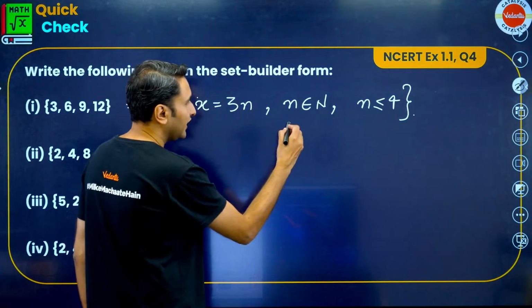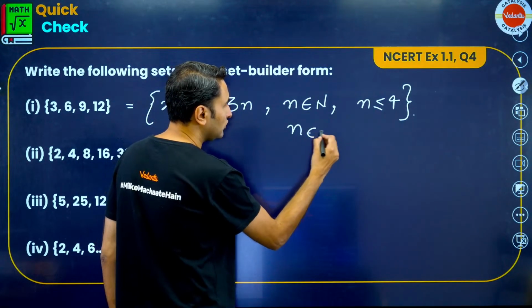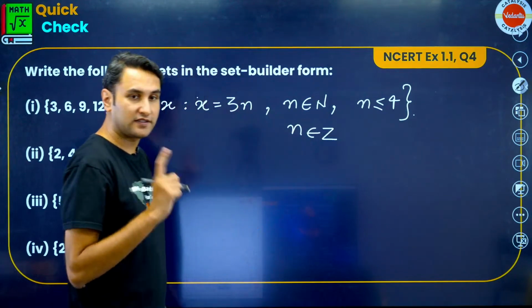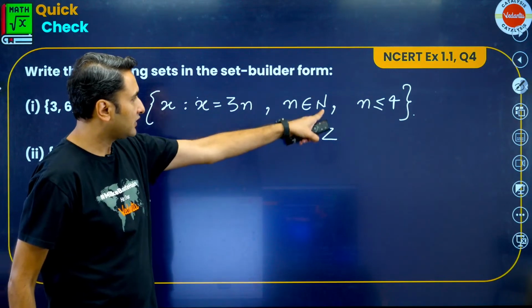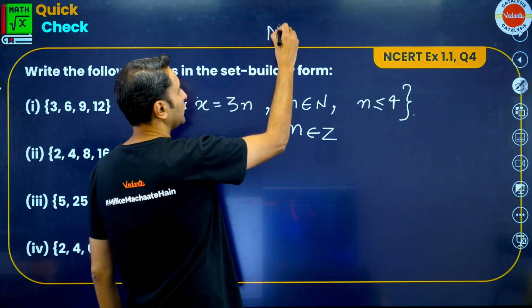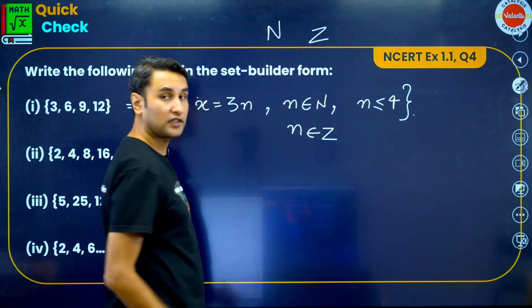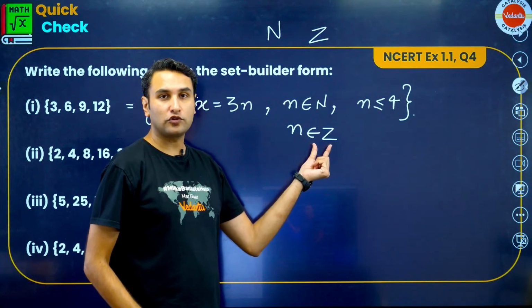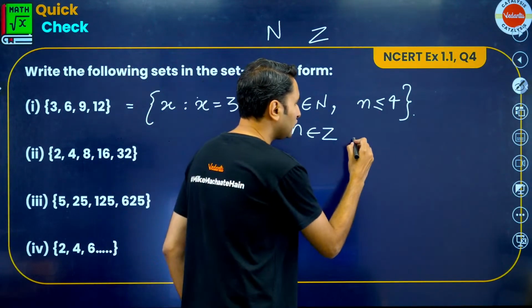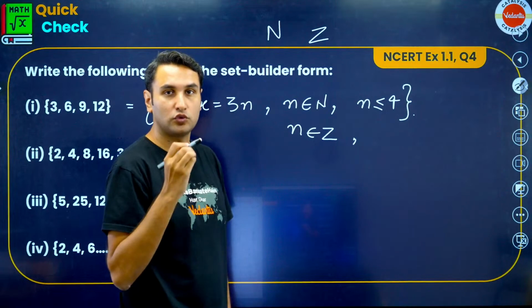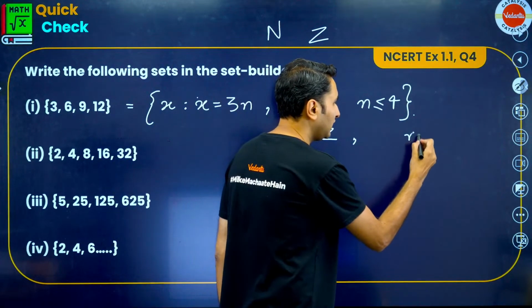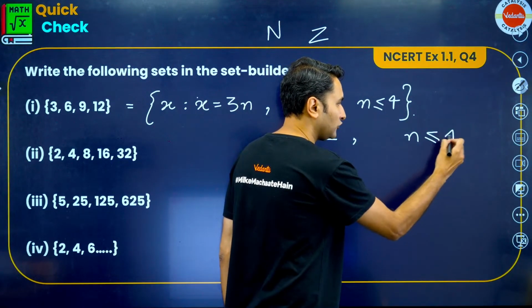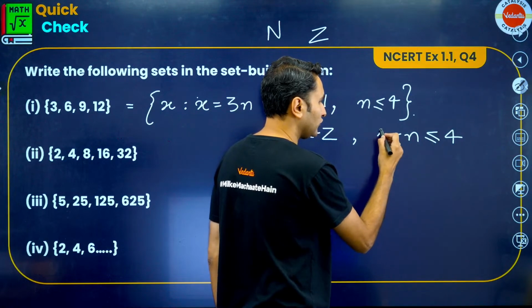Had I written n belongs to integers, remember Z. When you represent Z, this is the set of natural numbers, this is the set of integers, right? Had I written n belongs to Z, then I would have been required to write this: n is less than or equal to 4 but greater than or equal to 1.